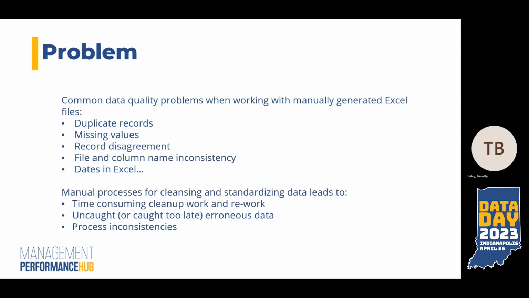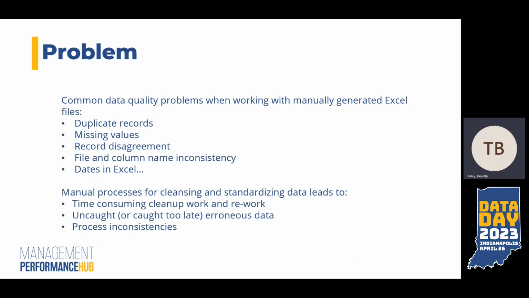All right, so I'm going to talk about problems generally in terms of business processes, and then specific to the context of the ratio study. So when you're working with manually generated Excel files, common problems: duplicate records, missing values, record disagreement, file and column name inconsistencies.